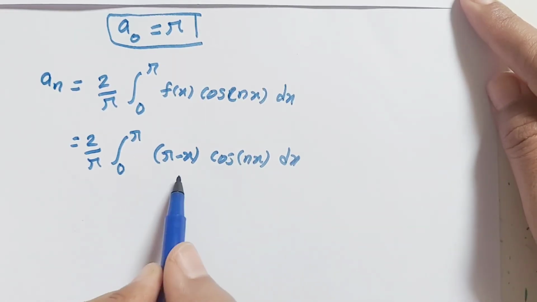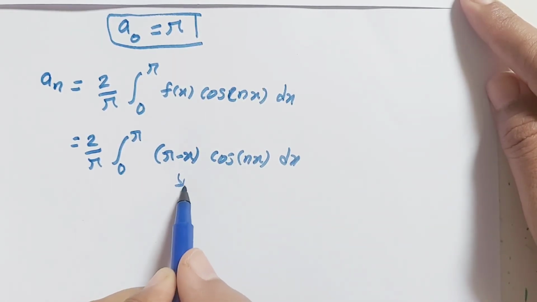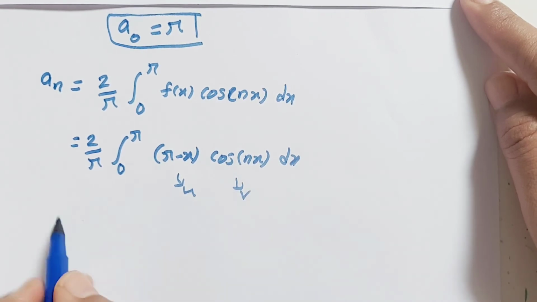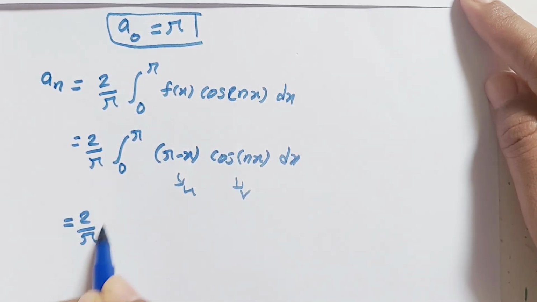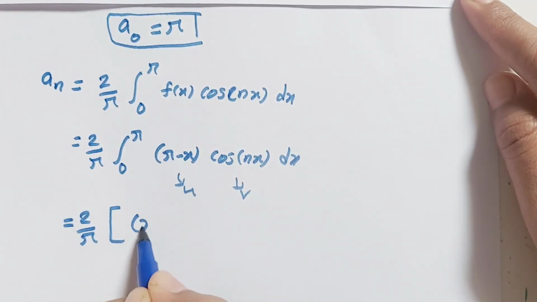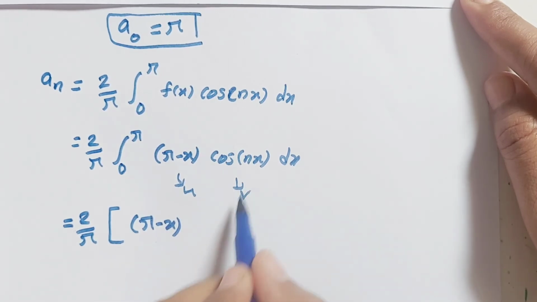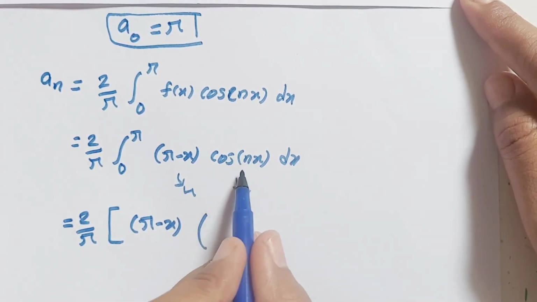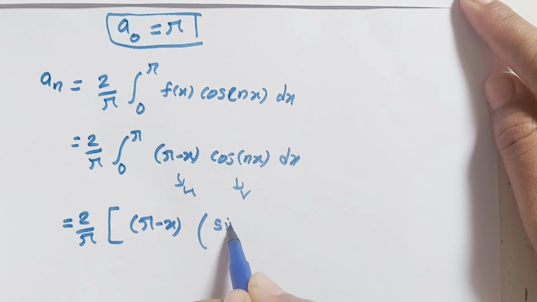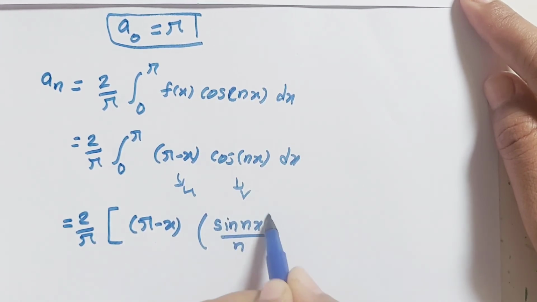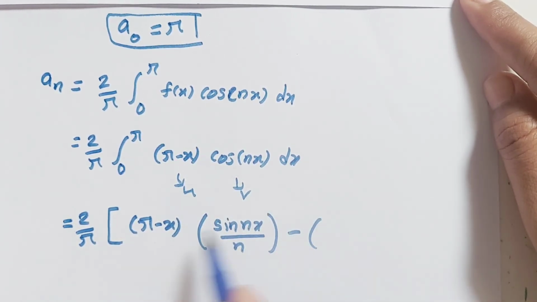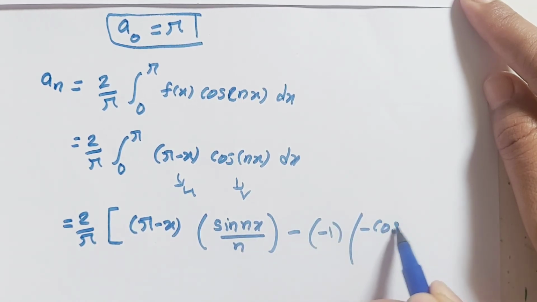Here we have to use integration by parts. This is our u and this is our v. So 2 by pi is constant as it is, u as it is, pi minus x, integration of v, the cos term, is sin nx divided by n, minus derivative of the first term, which is minus 1, times the integration of the second term, which is minus cos nx divided by n square.